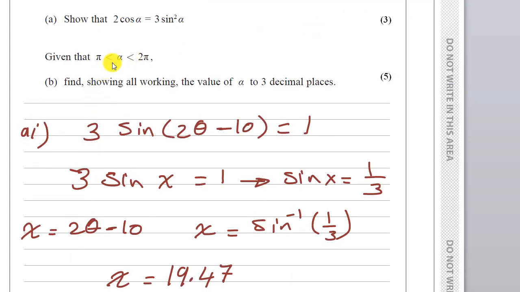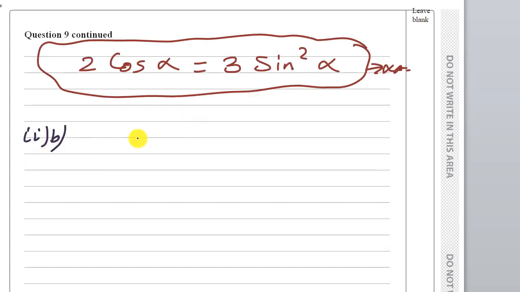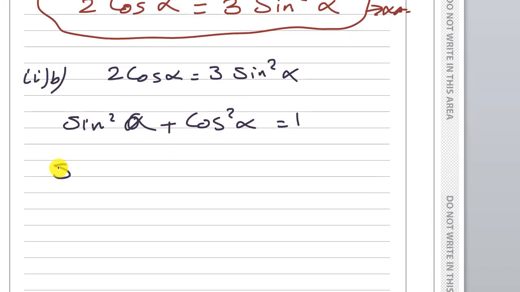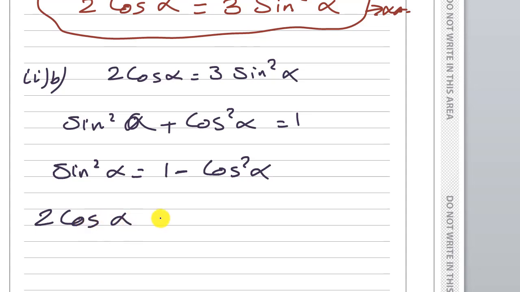Now for alpha bigger than pi and less than 2 pi, find, showing all working, the value of alpha to 3 decimal places. So 2 cosine alpha is equal to 3 sine squared alpha. We know that sine squared alpha plus cosine squared alpha is equal to 1. So sine squared alpha is equal to 1 minus cosine squared alpha. So 2 cosine alpha is equal to 3 times 1 minus cosine squared alpha.